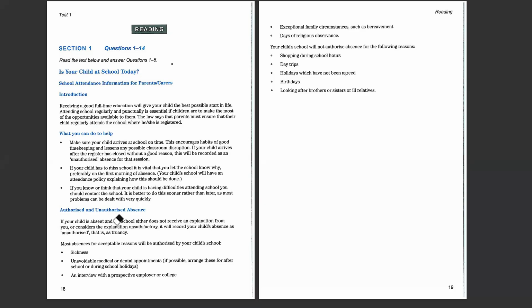If your child is absent and the school either does not receive an explanation from you or considers the explanation unsatisfactory, it will record your child's absence as unauthorized. Okay. So regarding unauthorized absence, the passage is telling us if your child is absent at school and the explanation you give is unsatisfactory, then your child's absence will become unauthorized.